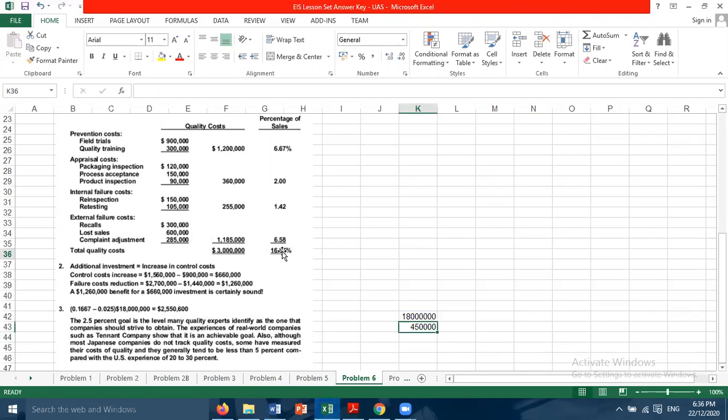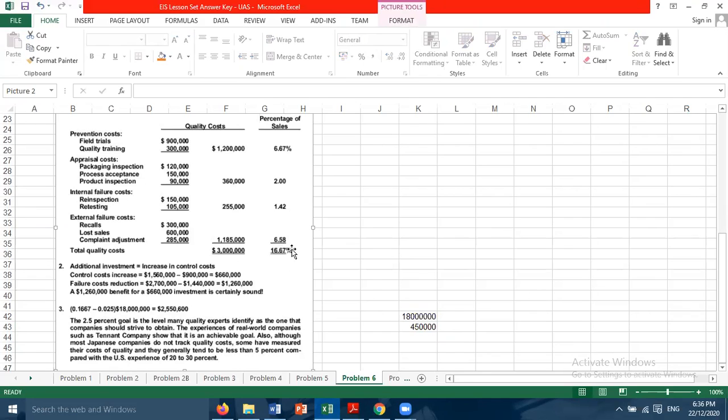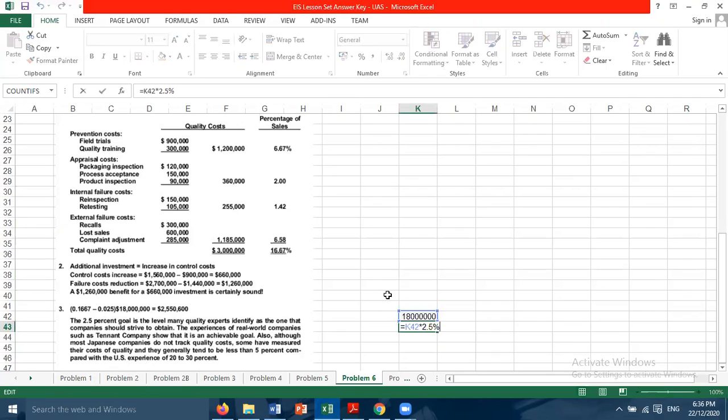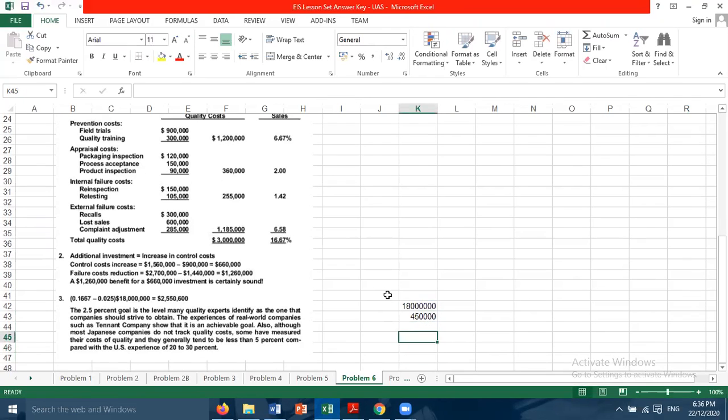Now our original quality cost, as we can see here, is 16.67%. Here, okay. So all we need to do is 16.67% times 18 million, and we'll reduce this to here.